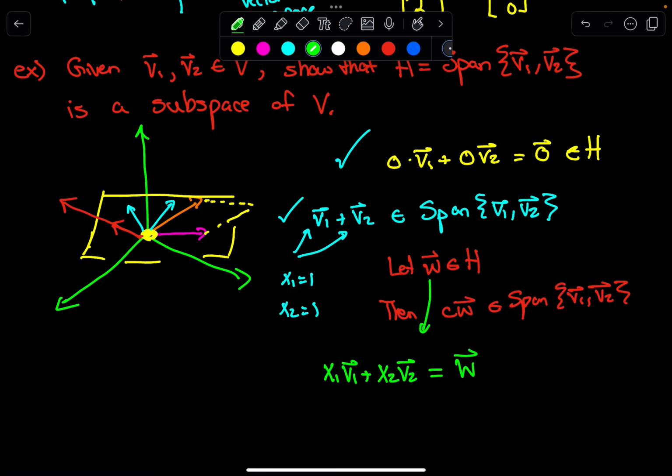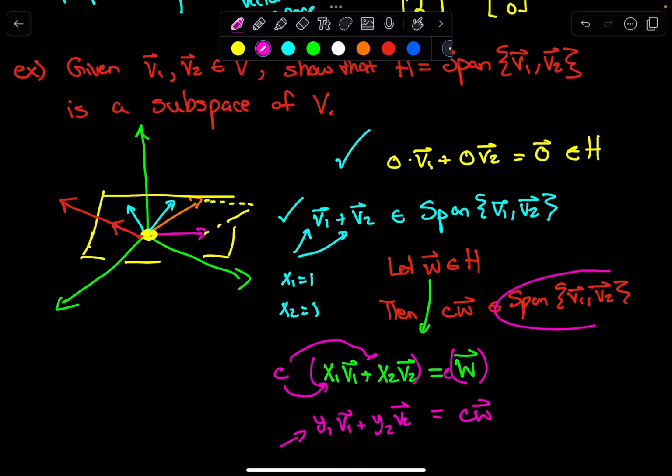So if I multiply both sides by c, then on the right side I get cw, and on the left side I'm going to get c times x1, which creates, let's call it y1 v1, and then y2 v2, and this is definitely of the form of something in the span, and so we have successfully shown this.